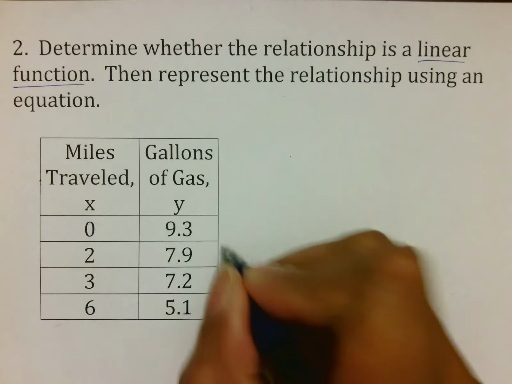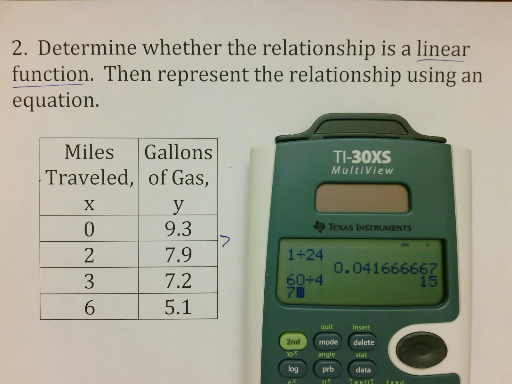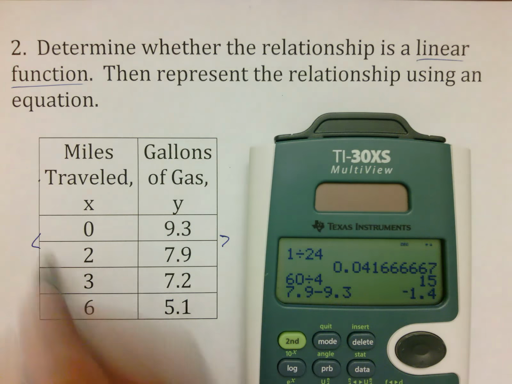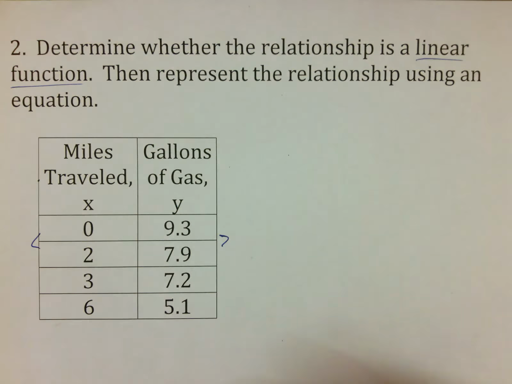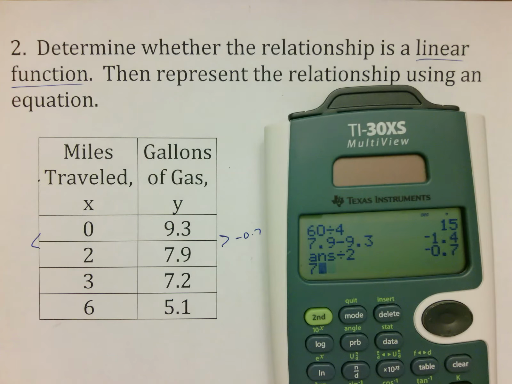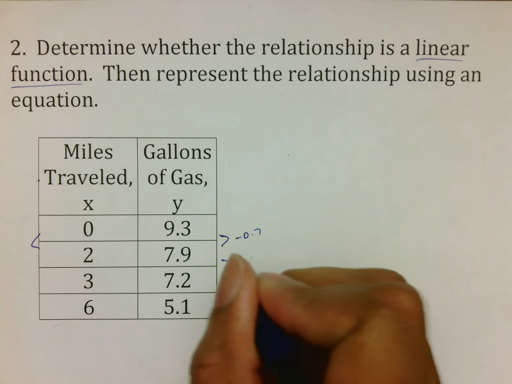Again, linear means that what you want to do, and this is again where a lot of you messed up, is second minus first, so 7.9 minus 9.3 gives me that number, but it's not negative 1.4 because this is moving by 2, so remember that we need to divide by 2, which is negative 0.7. Then we do 7.2 minus 7.9, which we know to be negative 0.7.